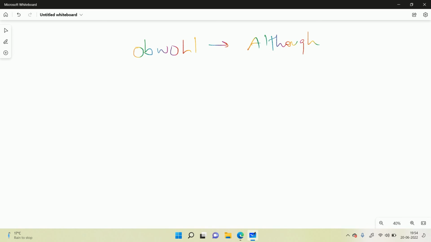Private party, I think there are very complex sentences here. Yes. So as you see here, whenever we'll be using obwohl, in most cases the two sentences will be contrasting with each other, right?